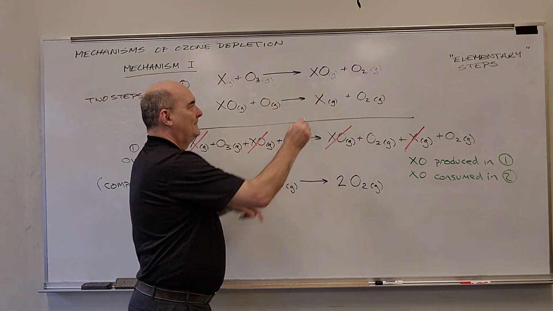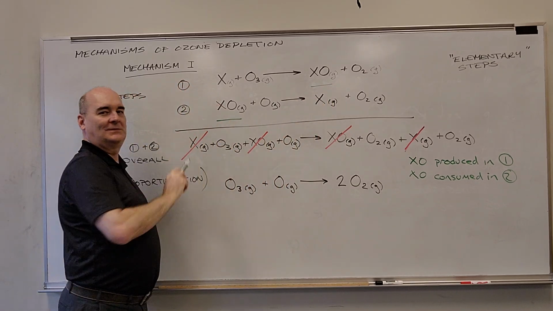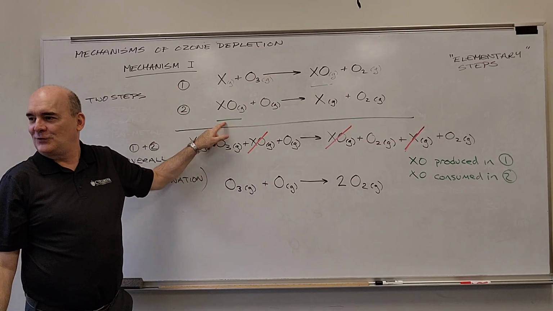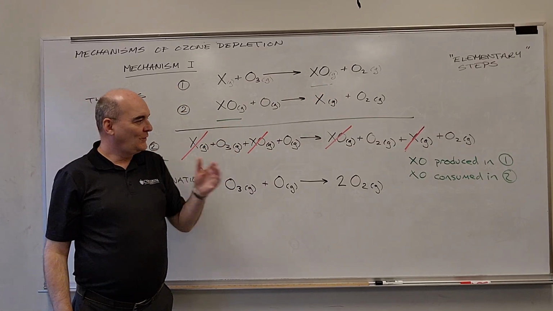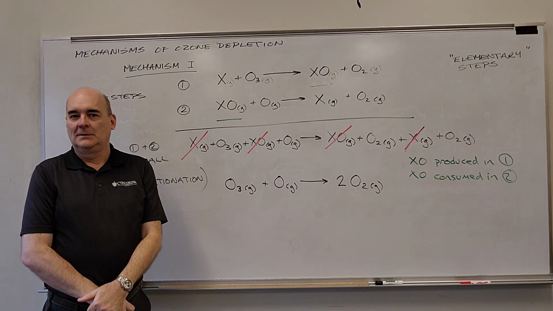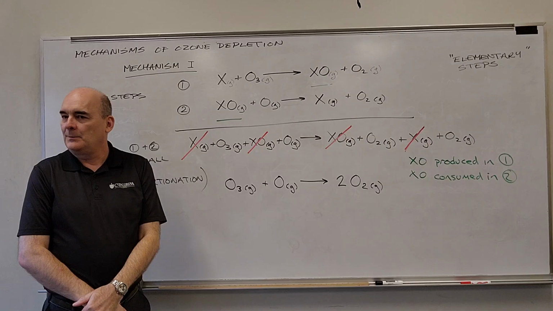You make it here, and then it's consumed here. It's the product of line 1, but it's a reactant in line 2. So it doesn't show up in the final answer. And if we didn't know to look for it, we would never see it.